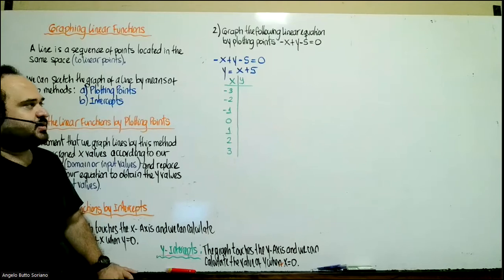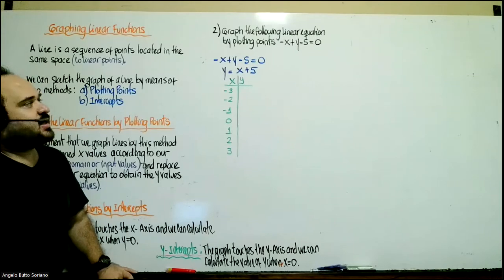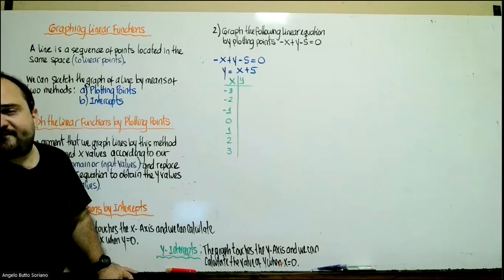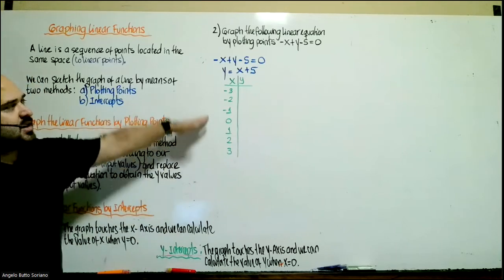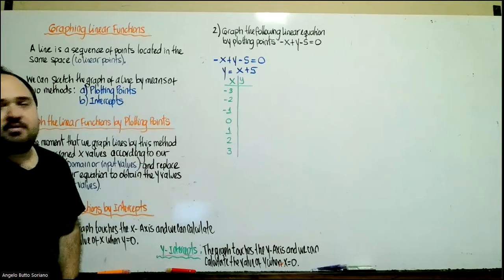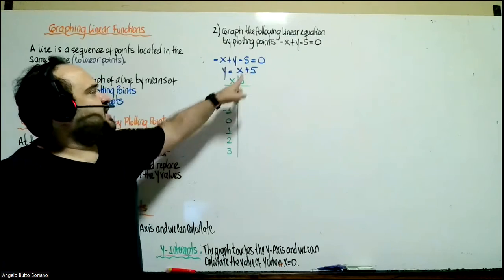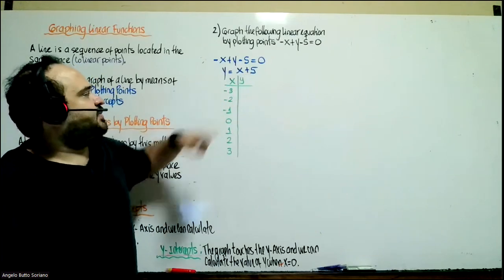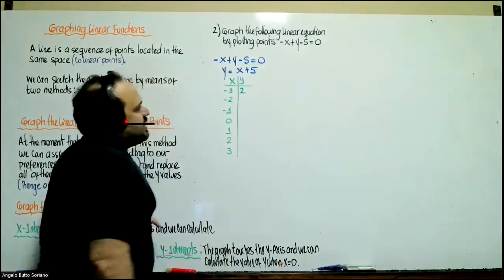Now, how are we going to obtain the y values? Well, simple. The only thing that we have to do is replace the x variable with these numbers, and at the end we obtain the answer. For example, x plus 5: replace x by -3, -3 plus 5 is 2.